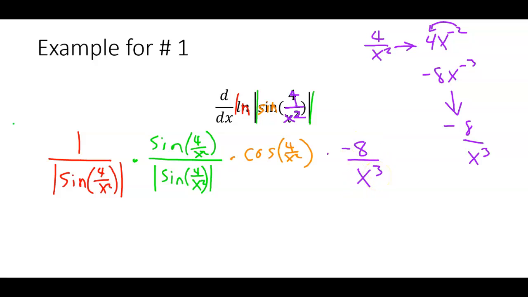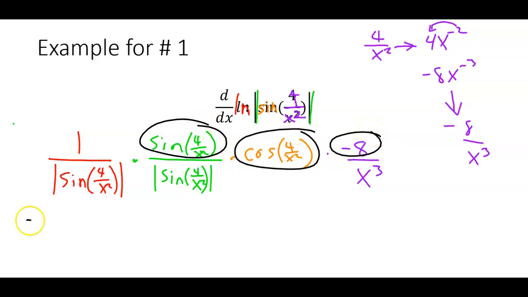All right, and then we want to just put all this together now. So let's go ahead and do that. In the top of our fraction, we have this, this, and this. So I'm going to put those in there like this.